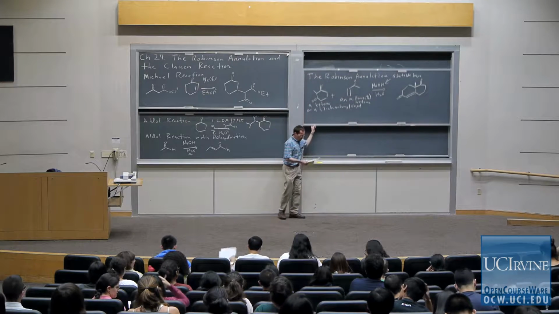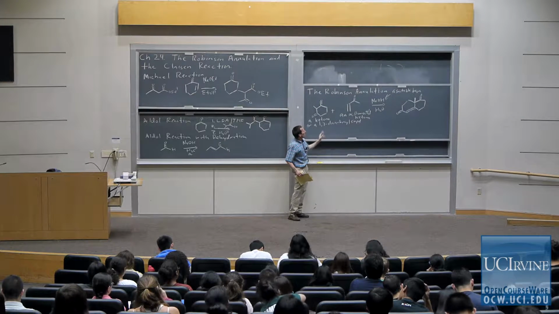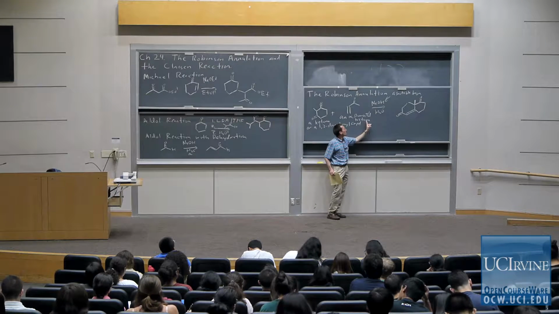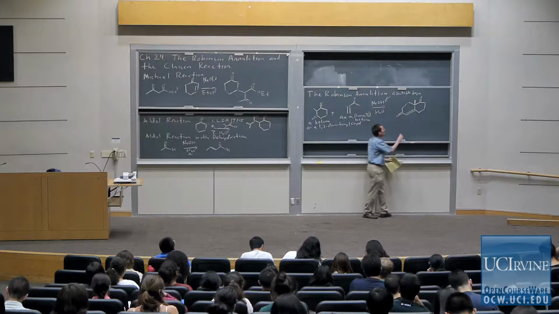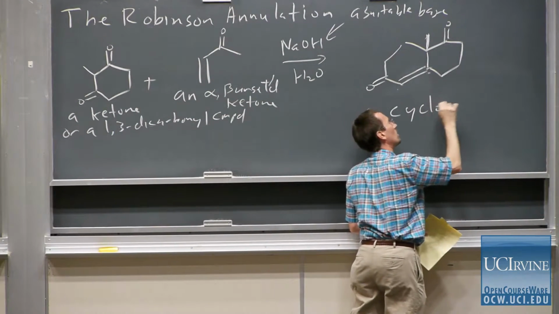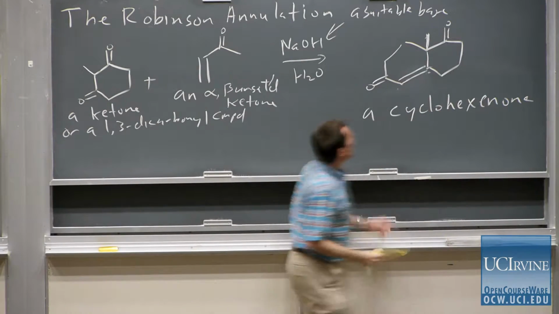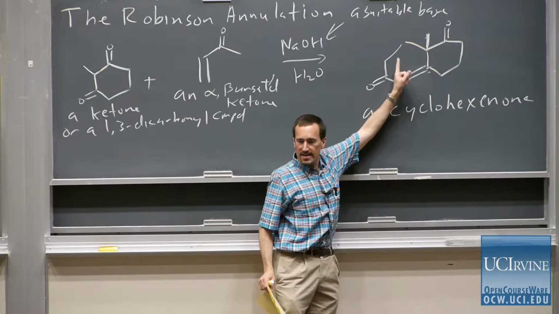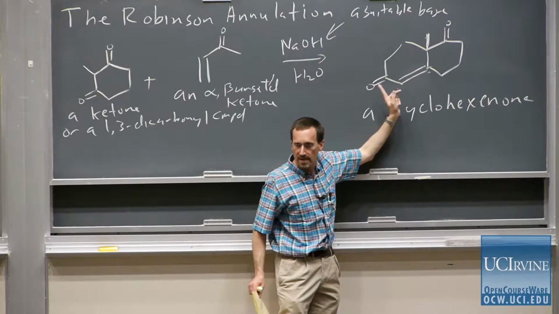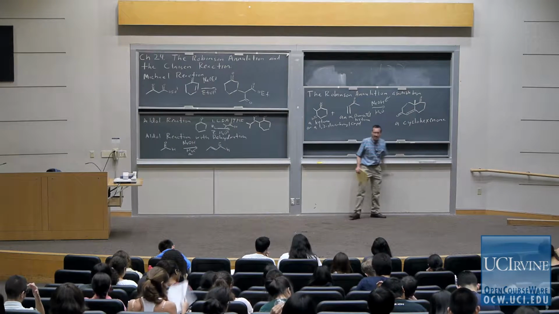Okay, so since I've been writing all of these archetypes, a ketone or 1,3-dicarbonyl, an alpha-beta unsaturated ketone, let me write out the key thing here. The key thing is that we're forming a cyclohexenone. In other words, the new feature that we've added is a 6-membered ring containing a carbonyl group, hence cyclohexanone, but also a double bond, so a cyclohexenone.